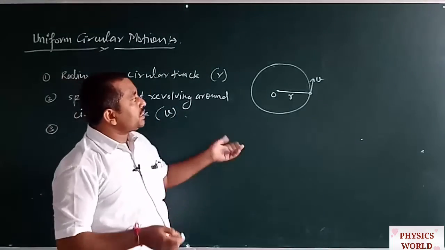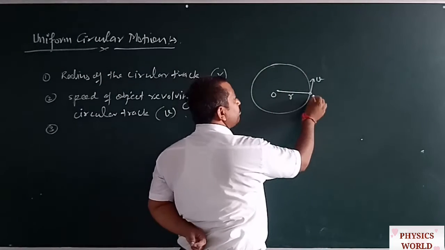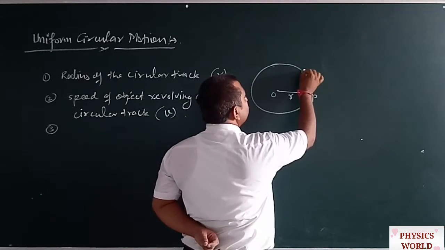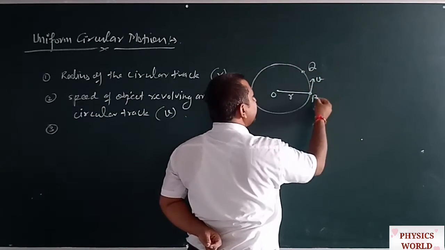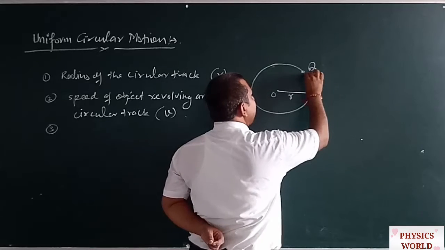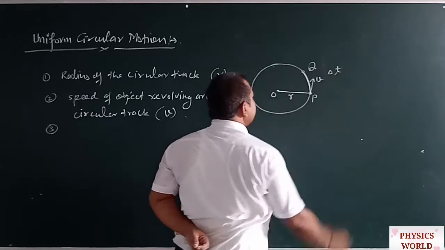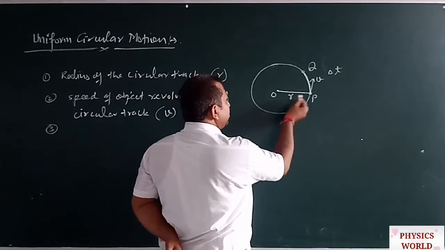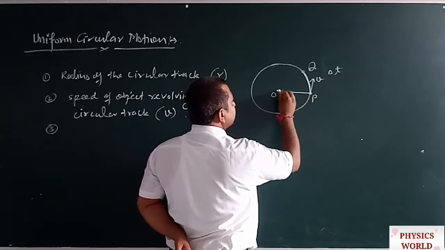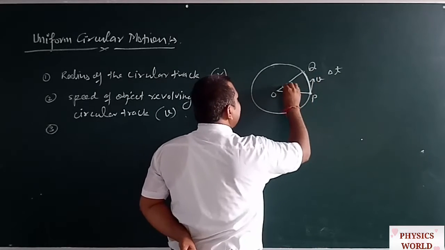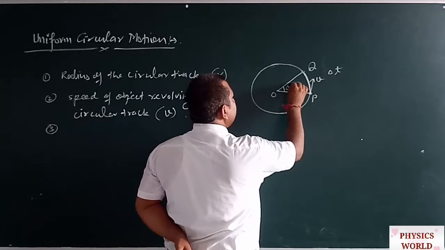Third, now if the object moves on the circular track from any point P to any point Q and it takes some time to reach from P to Q, suppose delta t, then the line joining the center to P and the center to Q incline each other by an angle theta.